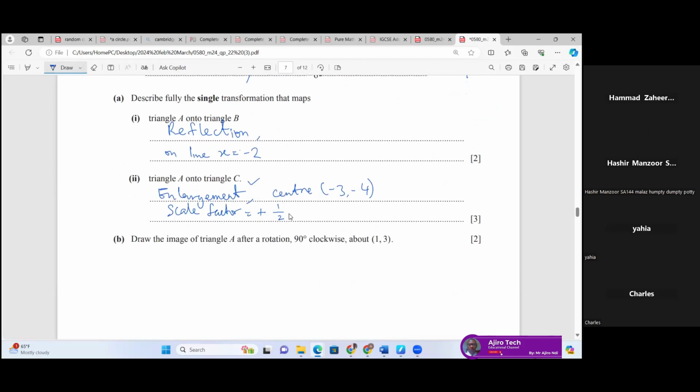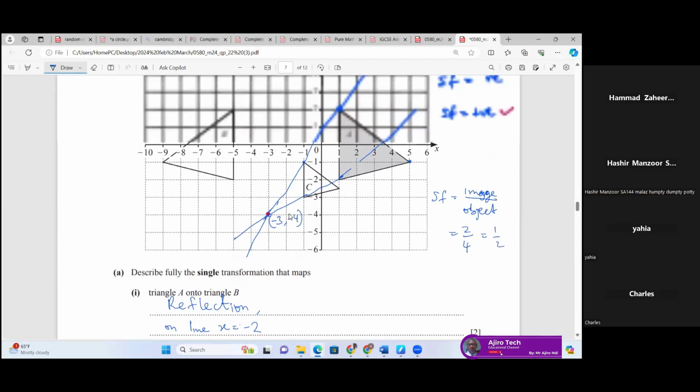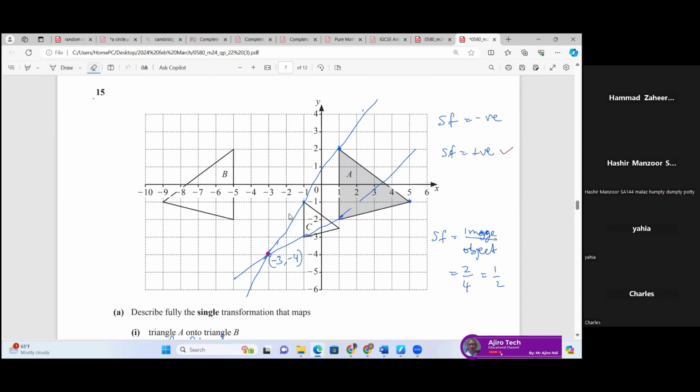So my scale factor will be 1/2. Now, draw the image of triangle A after a rotation of 90 degrees clockwise about (1, 3). How will triangle A move clockwise?